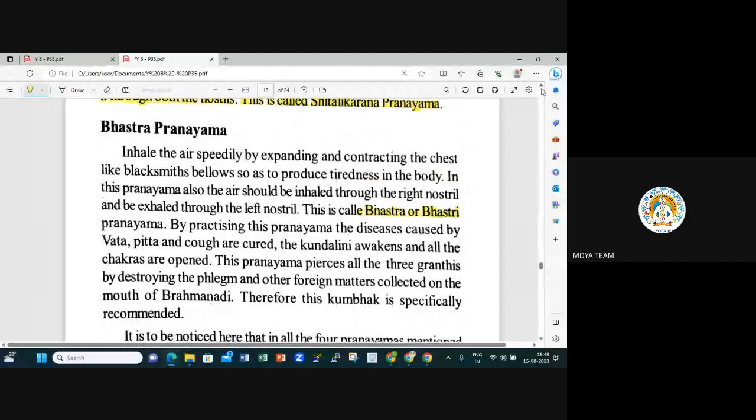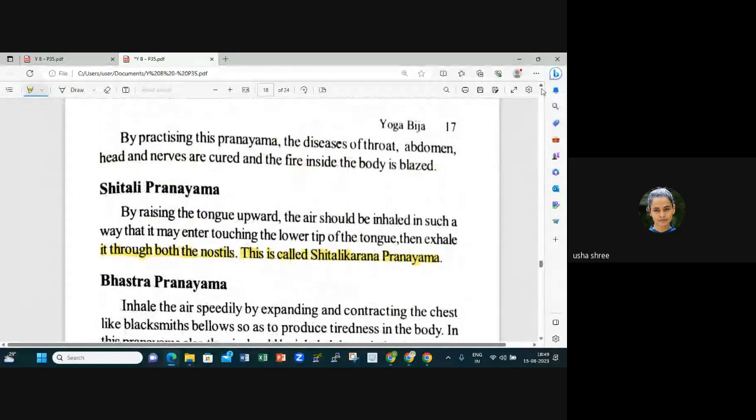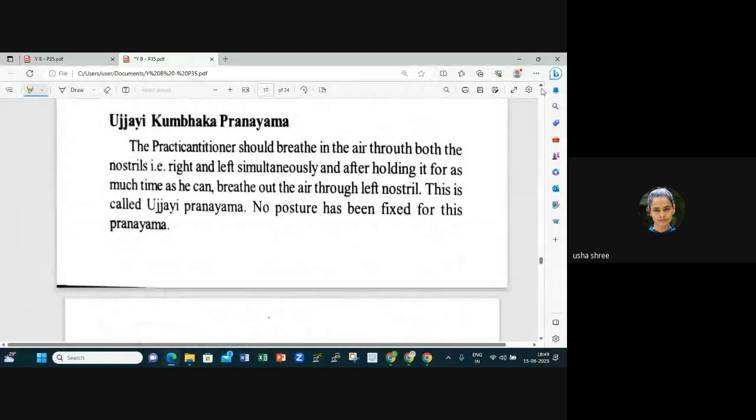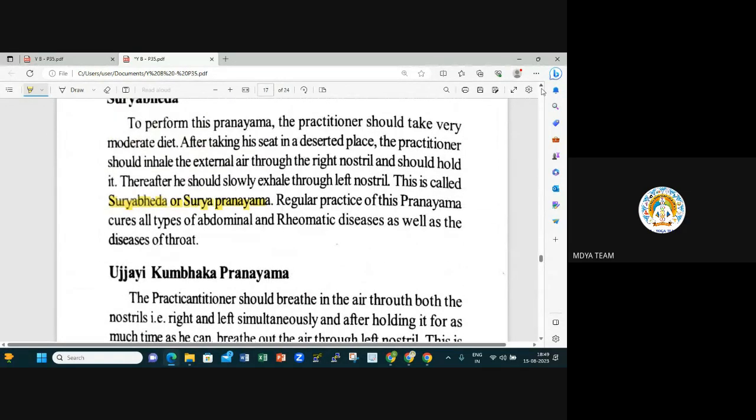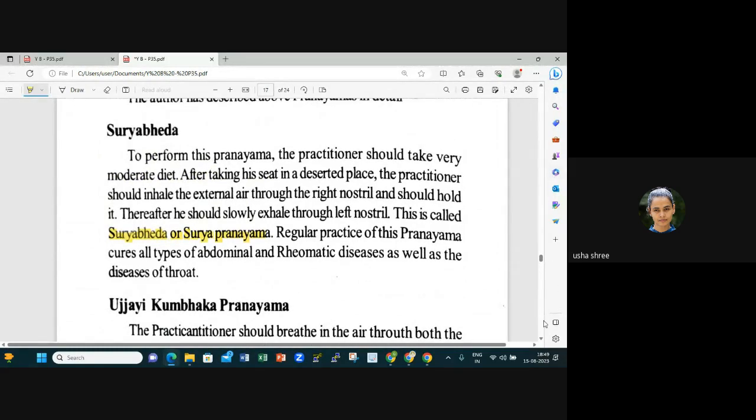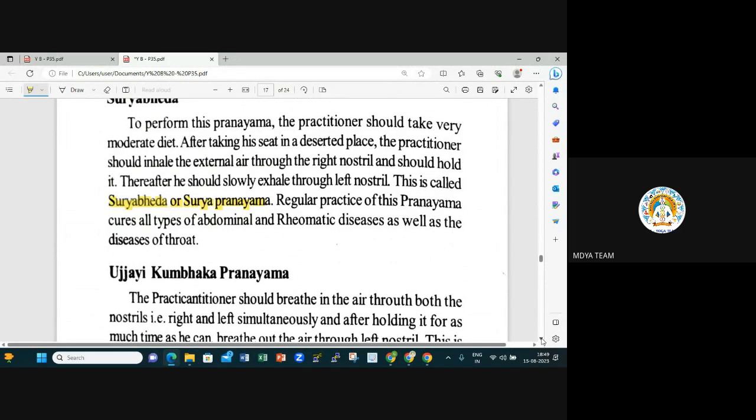Yes. But in Ujjayi, they have mentioned about holding. Yes. So my question again, in Surya Bheda also, they haven't mentioned anything about holding. Out of the 4 pranayamas, only Ujjayi Kumbhaka is a place where holding of the breath is mentioned. Yes.